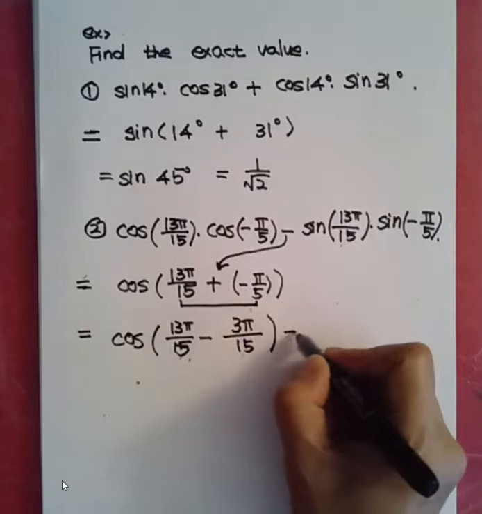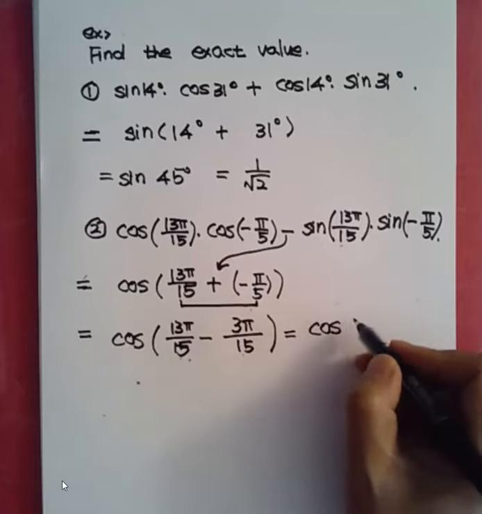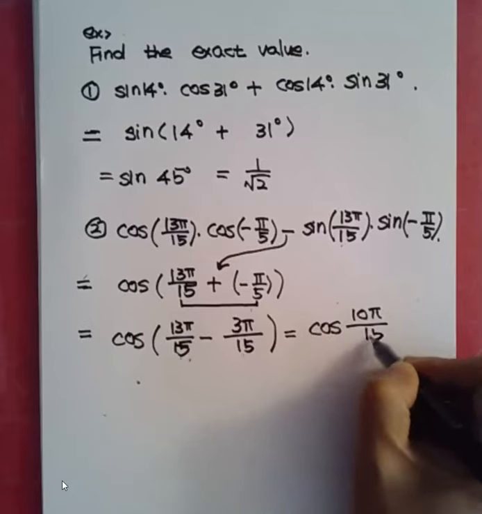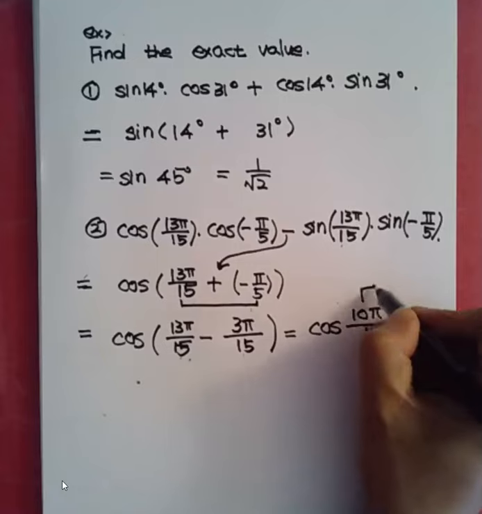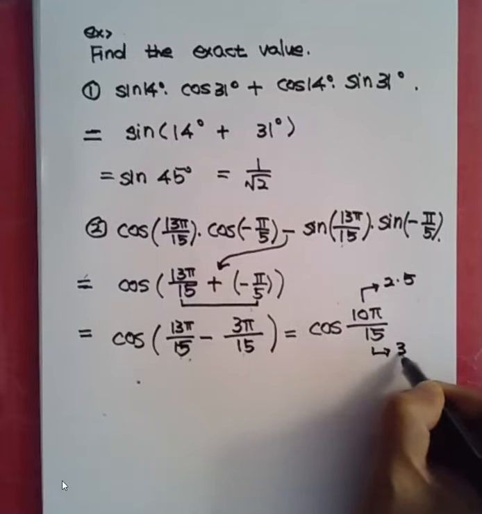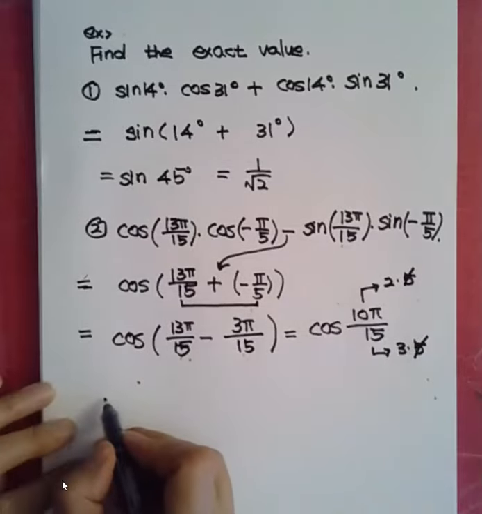So when we reduce that, that will become 10 pi over 15, and 10 is 2 times 5, and the denominator is 3 times 5, and this 5 and this 5 will cancel each other.